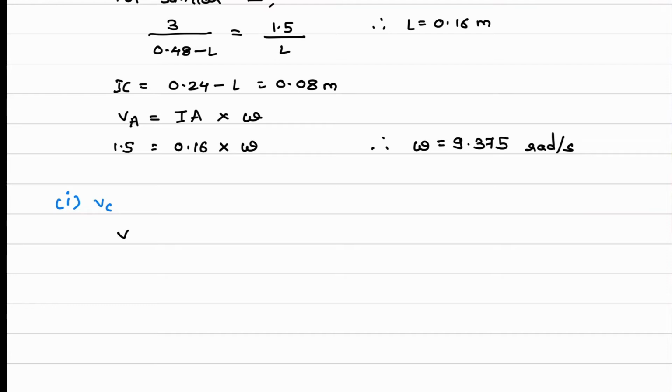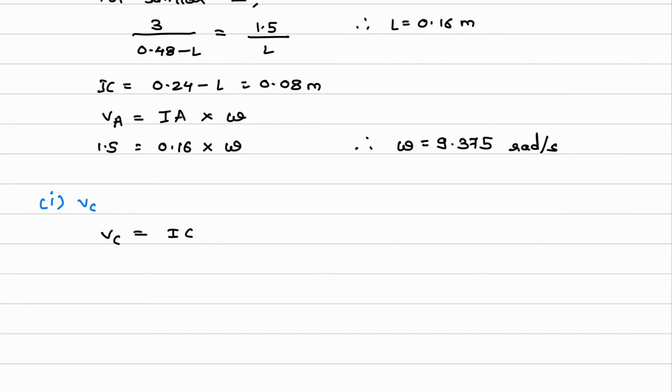Vc will be equal to IC into omega. The IC value we have calculated over here, 0.08 into omega, 9.375. So Vc is equal to 0.75 meter per second.